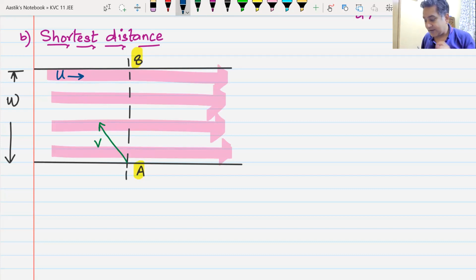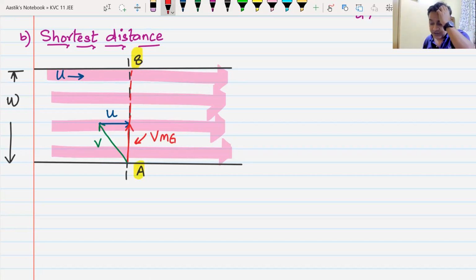Then things should happen in such a way that your U will add to your V, and in such a way that your velocity with respect to ground becomes straight like this. This is your velocity of man with respect to ground.